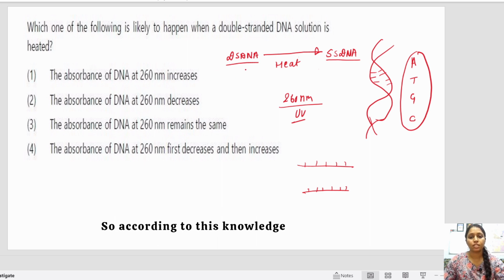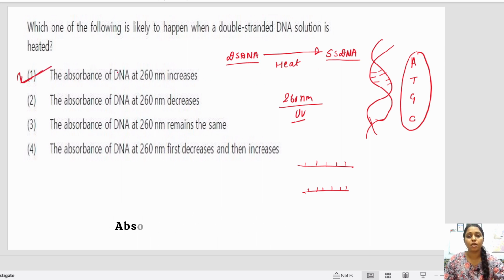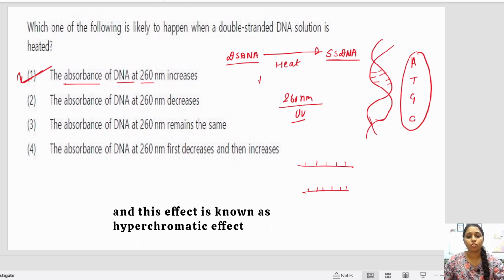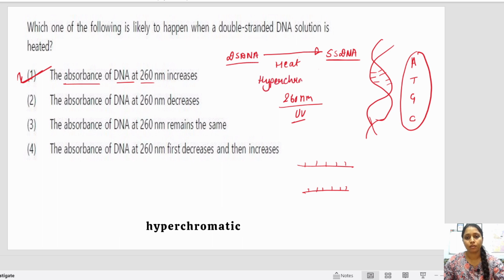So according to this knowledge, absolutely correct answer, because DNA at 260 nanometer absorbance increase due to converted into single-stranded DNA, and this effect is known as hyperchromic effect, where absorption is increases due to heat.